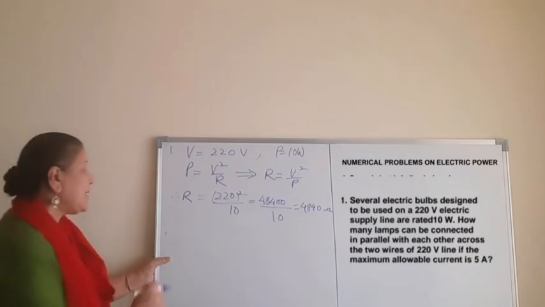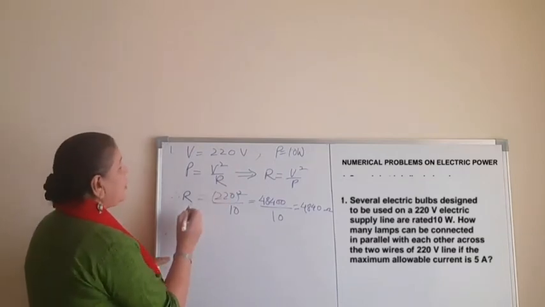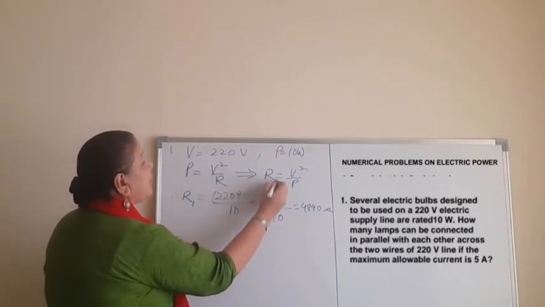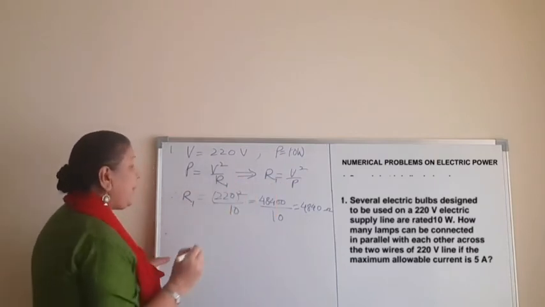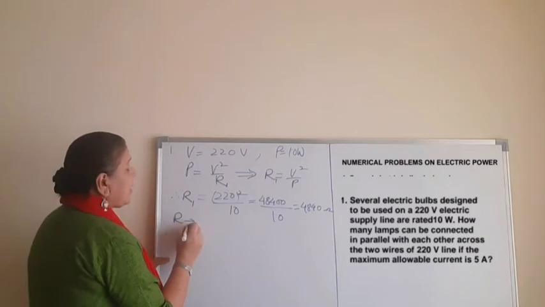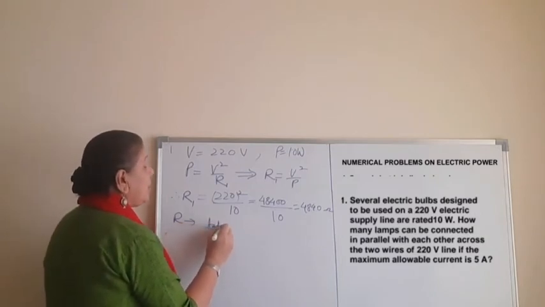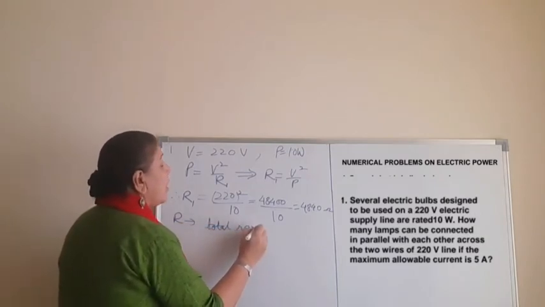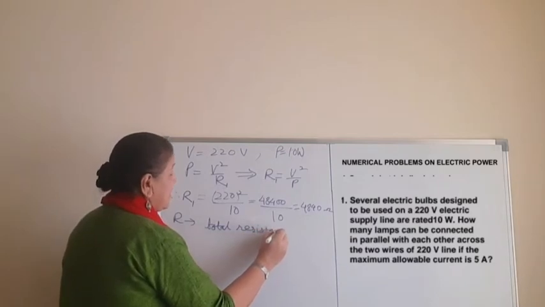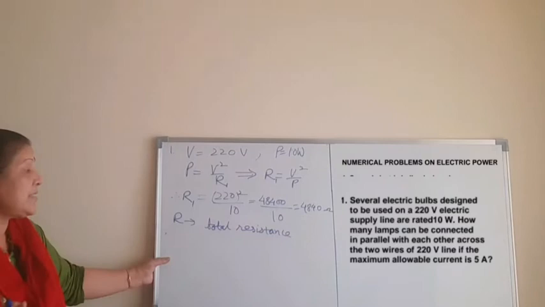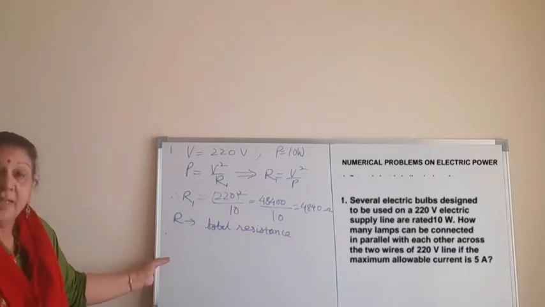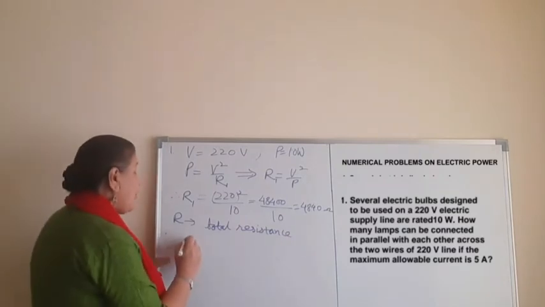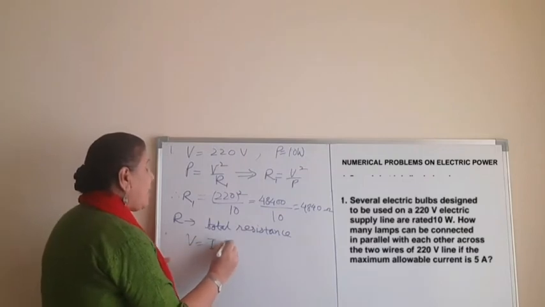Okay, now let's say that R, if I'm going to put it as R1 here, easier for me, because now say R is the total or equivalent resistance. Total, net resistance, equivalent resistance, whatever you say. R is say the total resistance of the entire circuit. So we know that V is equal to IR.